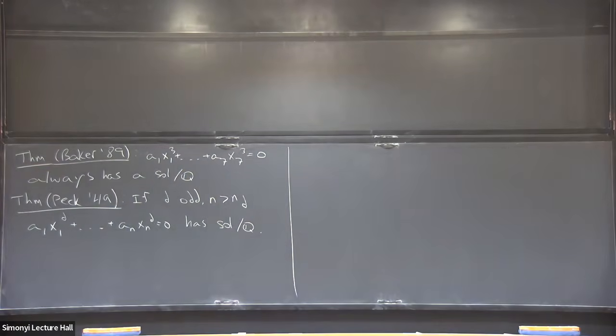I'm going to stop writing solution over Q soon and just write solution. This is again using the Hardy-Littlewood circle method. So you get this result for diagonal forms.